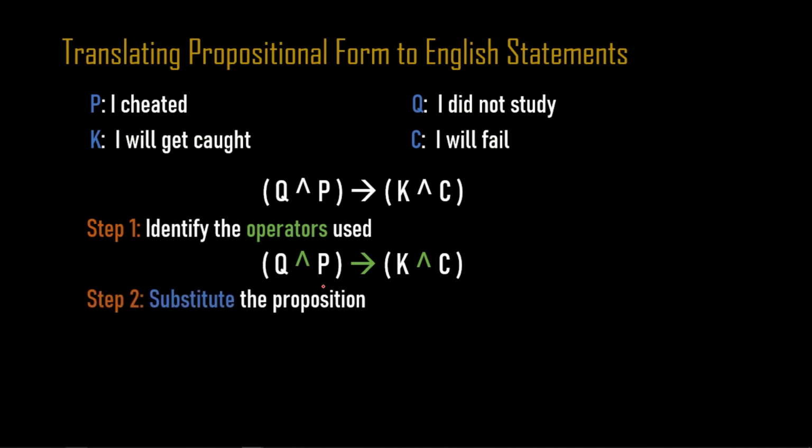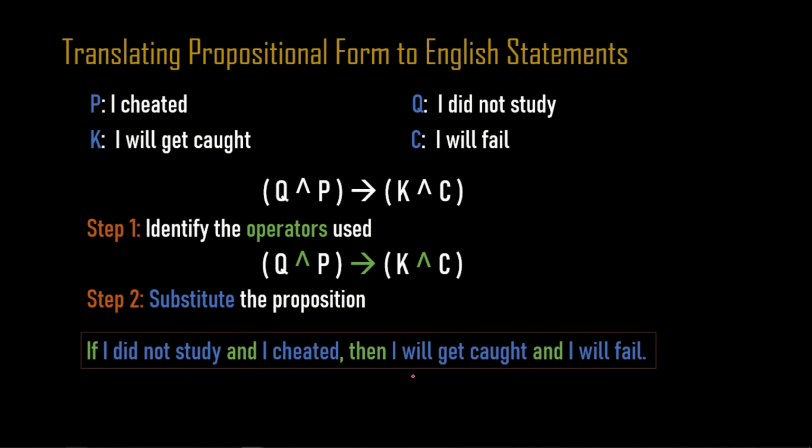So for step 2, we must substitute the proposition or statement of each propositional variable. So if translated, the answer will be like this. So let's try translating this English statement to propositional form in order to check if it will match the given propositional form.